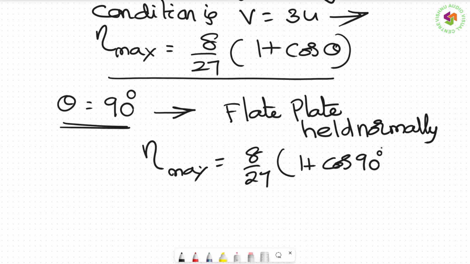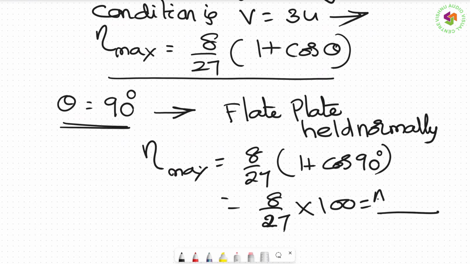So it is nothing but 8 by 27 into 100. Calculate how much you get. Approximately 30%. Check it out.